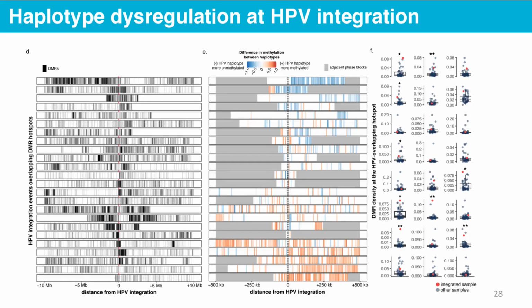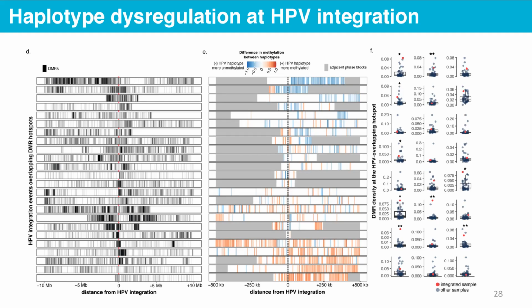Just another way to visualize this: in the first plot, on the leftmost side, the DMRs are shown centered around HPV integration with 10 megabases on either side. The red line is HPV integration at 0.